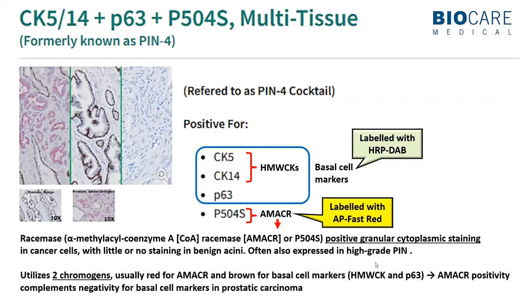So basically, if you see that a gland lacks brown outside and is pink or reddish inside, you know that you have got a bad gland over there, which is expressing AMACR and not expressing the basal cell markers. The importance of this particular cocktail mostly stems in the case of prostatic true-cut biopsies, where you might get a suspicious gland which you call ASAP, and then you cut a deeper section and you see that the gland has basically disappeared after 2 or 3 deep sections.